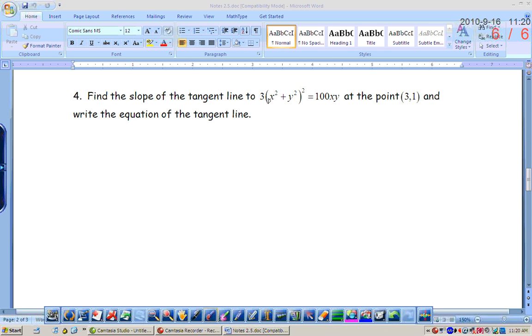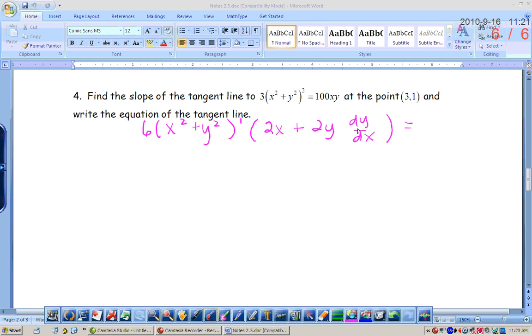All right, so to find the slope, how am I going to do that? Chain rule, good. We're going to do 6 times x squared plus y squared to the first, and then times the derivative of that parenthesis. Perfect. 2x plus 2y dy dx.